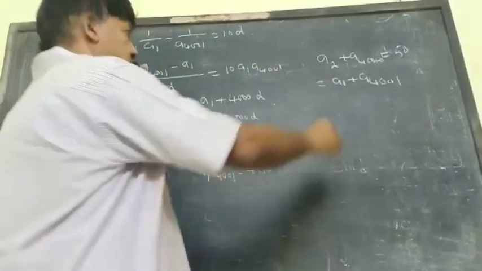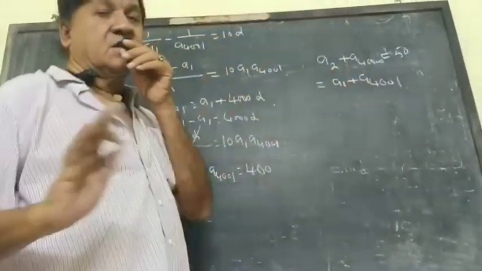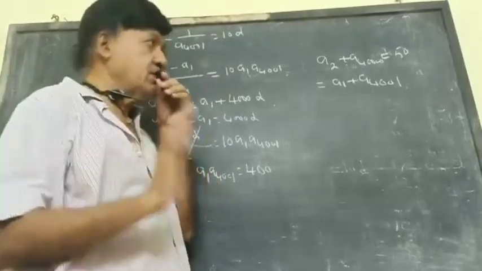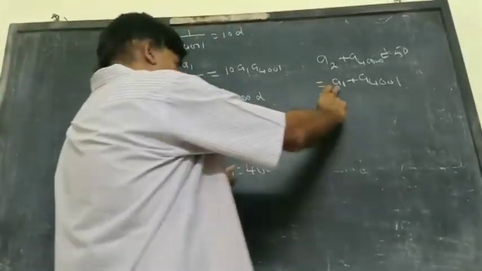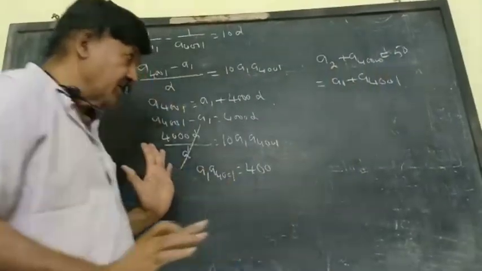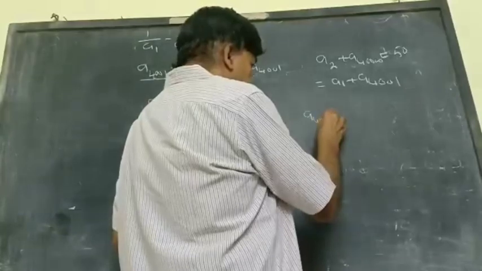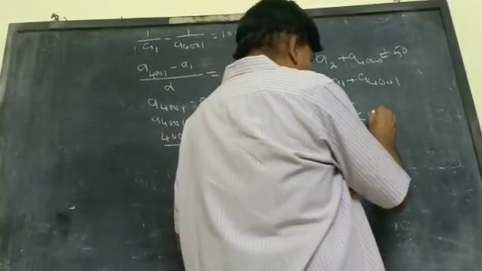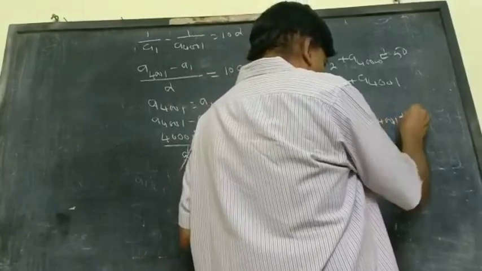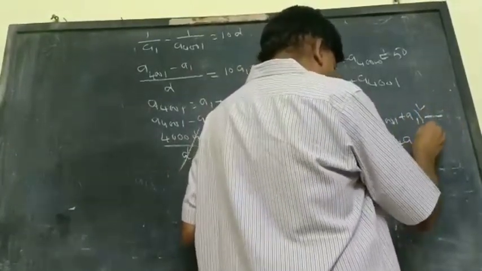So you got x plus y, you got xy. You require A4001 minus A1 whole square, which is equal to A4001 plus A1 whole square minus 4 A1 A4001.